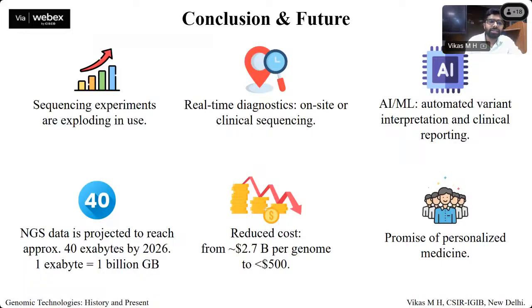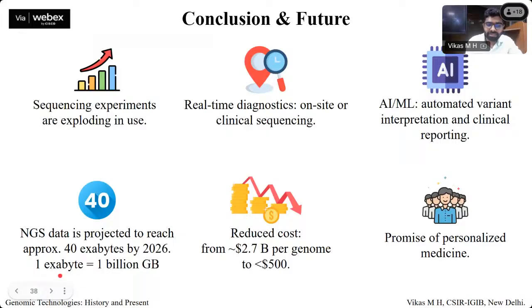So the conclusion here is that the sequencing experiments are exploding in use today. I don't think I have recently come across any biotechnology experiments where sequencing was not used. All of the experiments use sequencing nowadays, even the simplest of them. And this is evident by the fact that the sequencing data, the NGS data, is projected to reach around 40 exabytes.